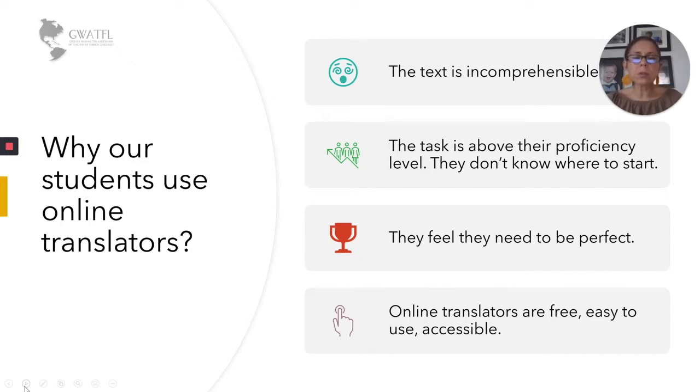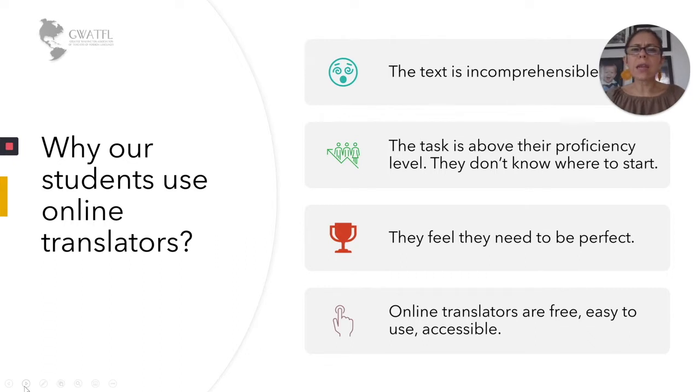Now, the second reason is because sometimes the task that we design for our students or we assign to our students is above the proficiency level, and they really don't even know where or how to start. The third reason is talking about grading.